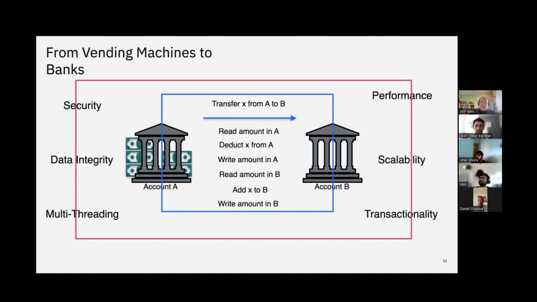Data integrity, making sure that we don't have any race conditions as we're writing data or reading data, to make sure we eliminate dirty reads, dirty writes. Multi-threading, being able to do this in a multi-threaded, non-sequential environment. Being able to do this at speed. I said before, billions of transactions. Well, that's not going to be possible if each transaction takes 5 or 6 seconds to execute.